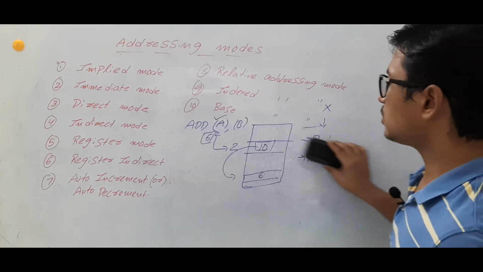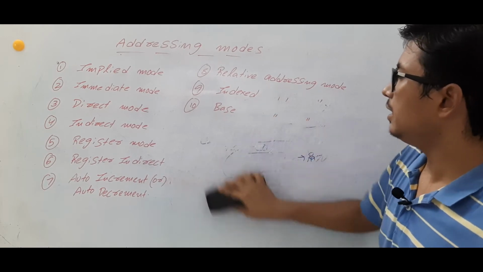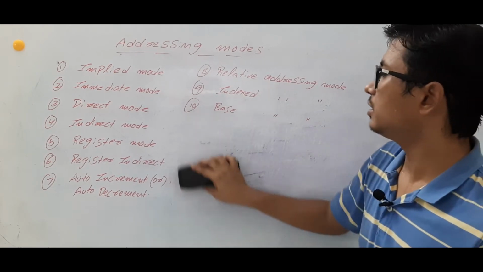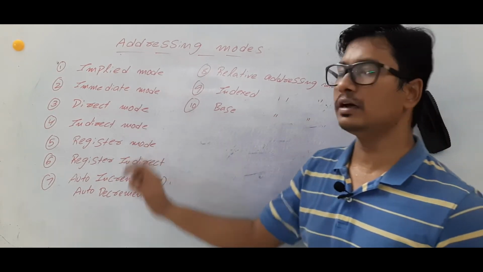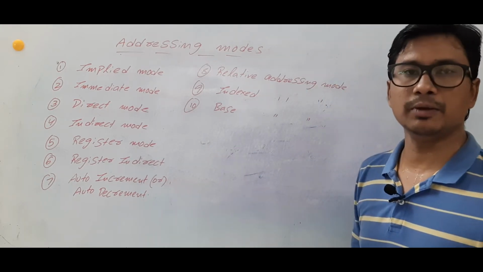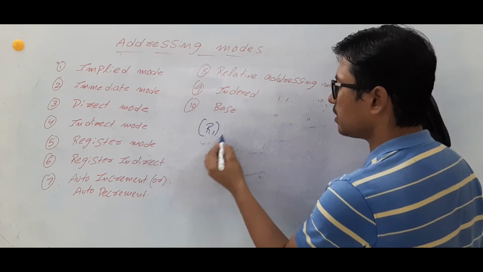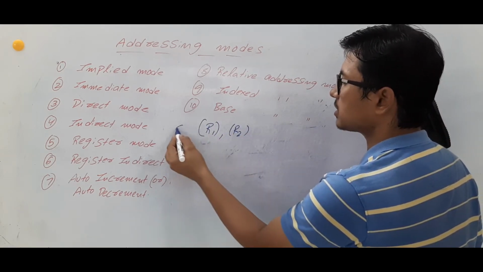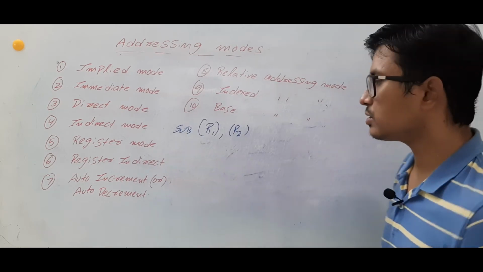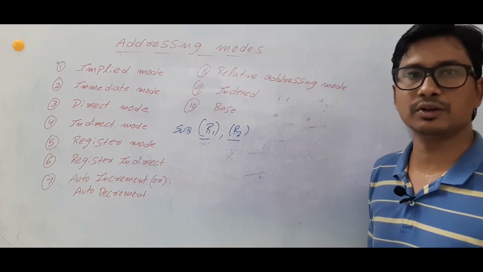Okay, so now we will discuss the register addressing mode. In the register addressing mode, you will specify the register address. Is it clear? We have general purpose registers. So you will specify the address of the registers in an instruction. The address of register R1 and the address of register R2 will be given.